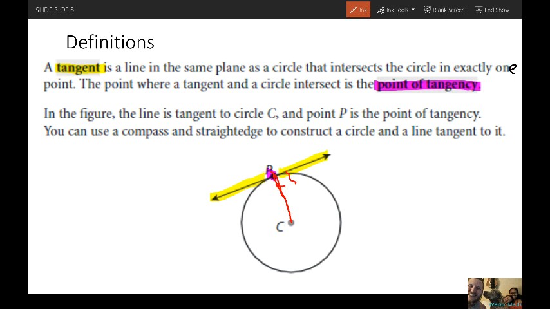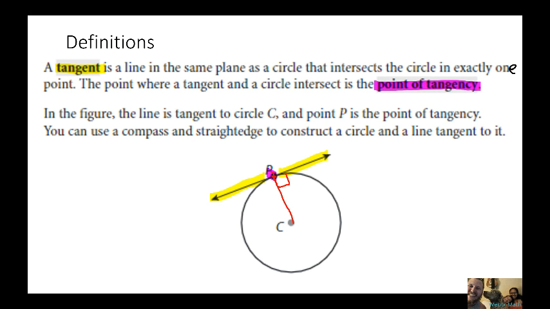Therefore, this angle is 90 degrees. You would notice that. So we're going to talk about that idea coming up.